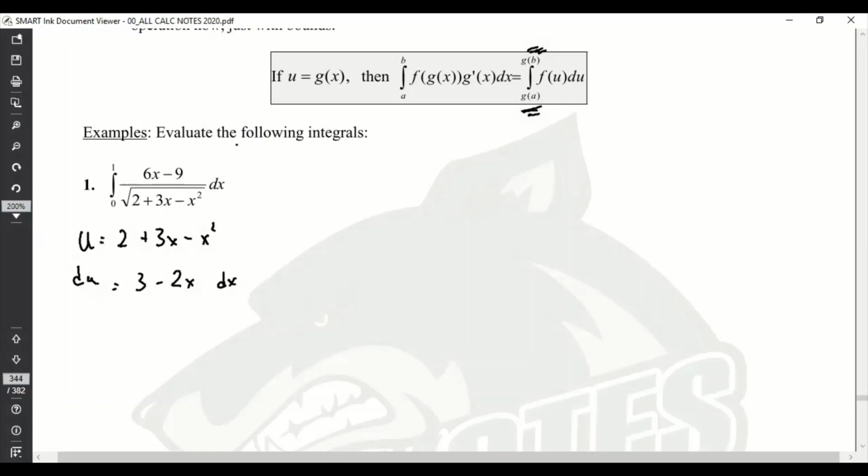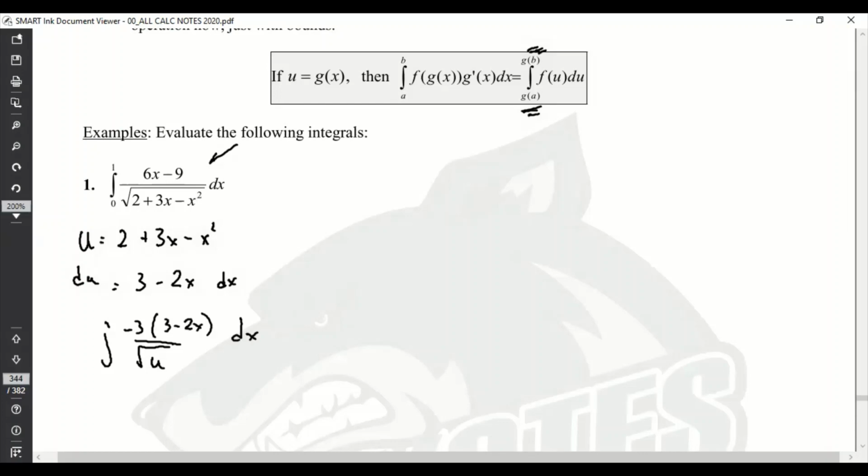And what we're going to be looking for is that represented here. With a common factor of -3, it ends up being in there. So really what we have is my integral with square root of u downstairs. And we have 6x minus 9, but if I common factor out a -3 from there, common factoring out -3 gives me 3 minus 2x.